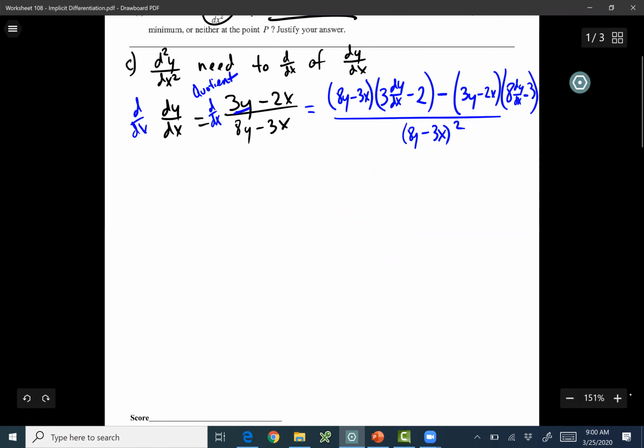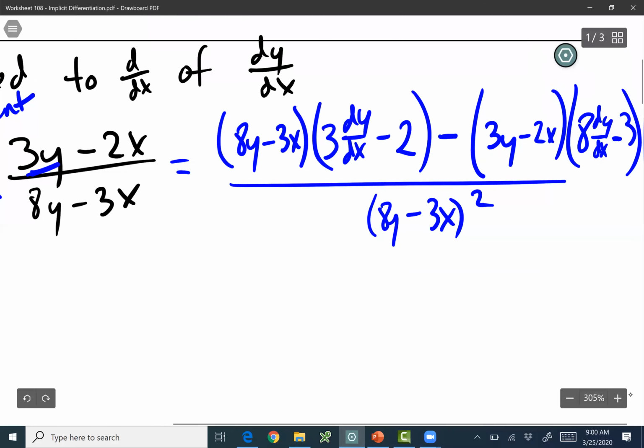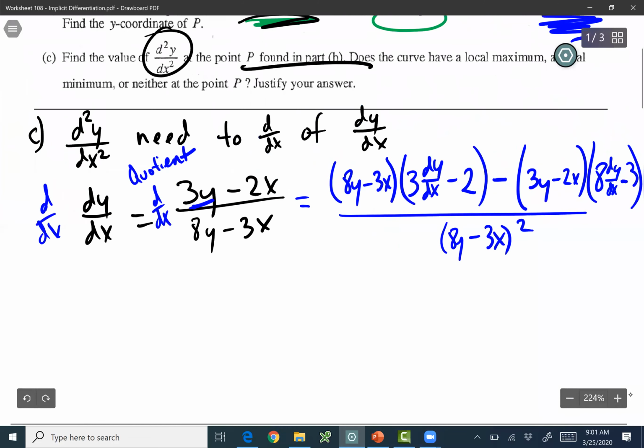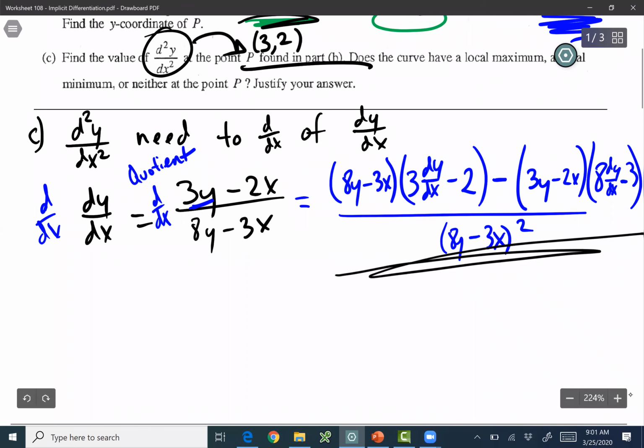once we get to what we had in blue, as soon as we've taken the derivative, now we're going to plug in our point, right? Because they wanted d squared y dx squared at point P. Well, point P was (3, 2). So as soon as we get this answer in blue, we're going to plug in 3, 2.